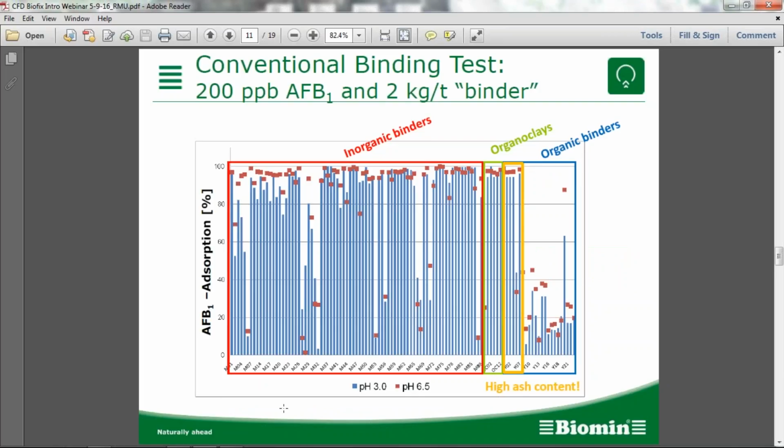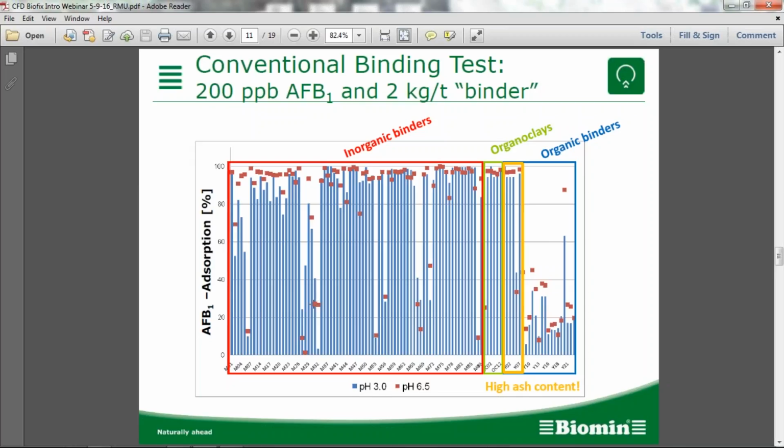This is a chart from a study that was looking at the efficacy of adsorption. So in this chart, we're looking at the percent of aflatoxins that were bound by different products. So across the x-axis, you'll see many different products that were tested. And in the graph, you'll see the blue bar represents the binding of aflatoxins at a pH 3.0.